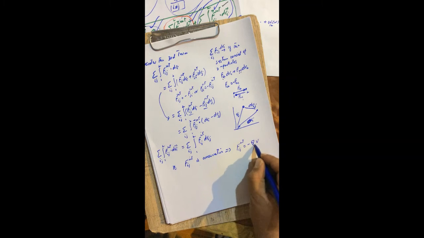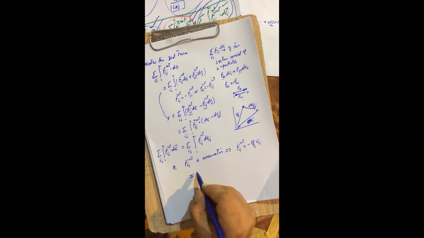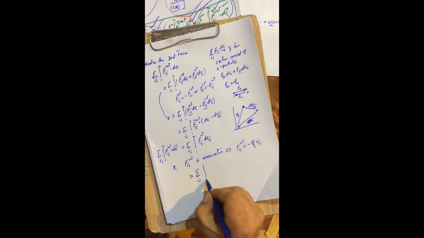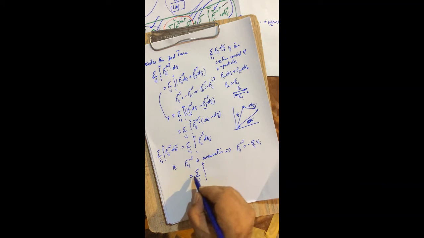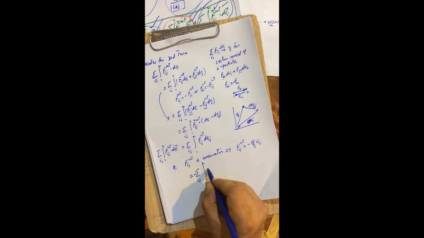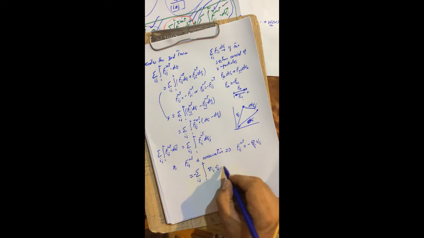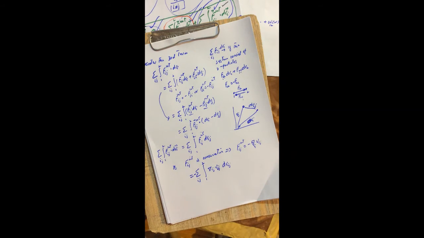So here I replace this term by sum over ij, integral from 1 to 2, with a negative sign, del ij Vij, and then drij.